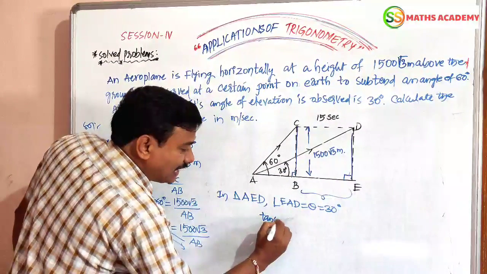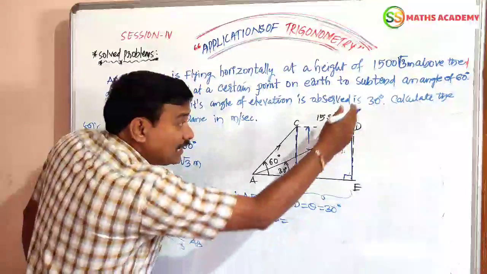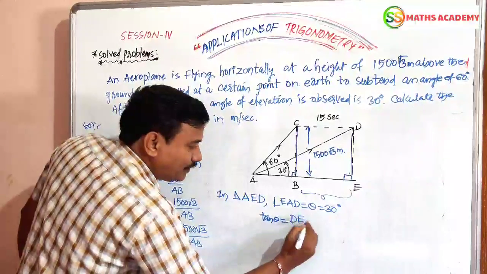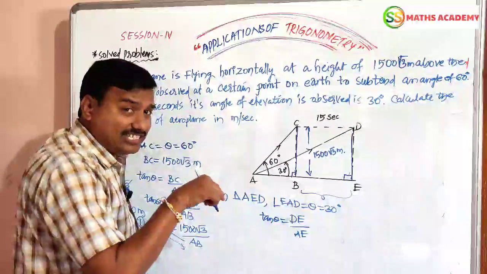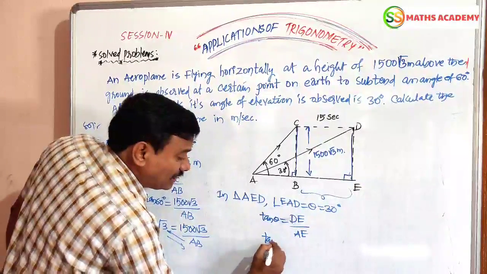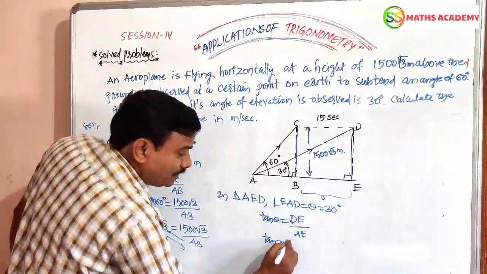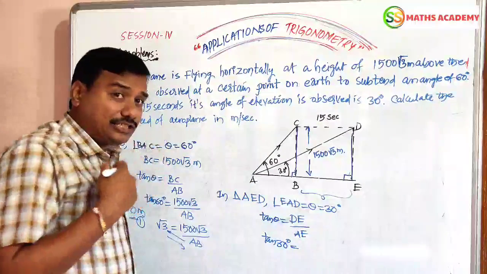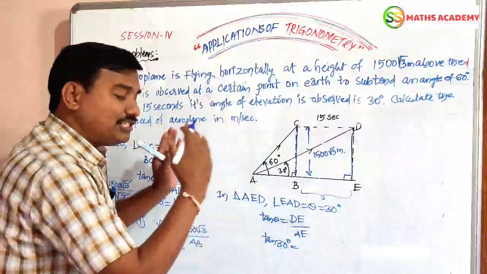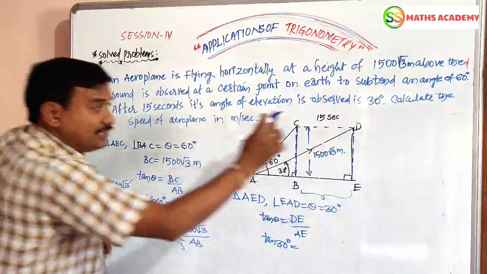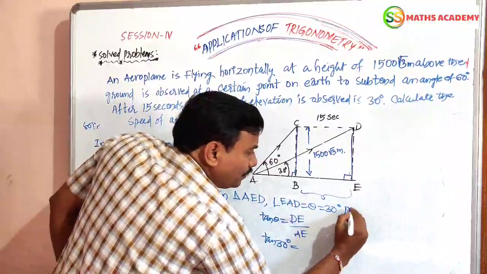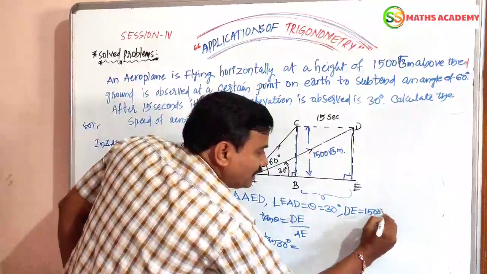I should apply tan theta equals opposite side by adjacent side. Now theta is 30 degrees. As I said just now, in a rectangle opposite sides are equal. This side is BC, 1500 root 3, so this side DE is also 1500 root 3 meters.